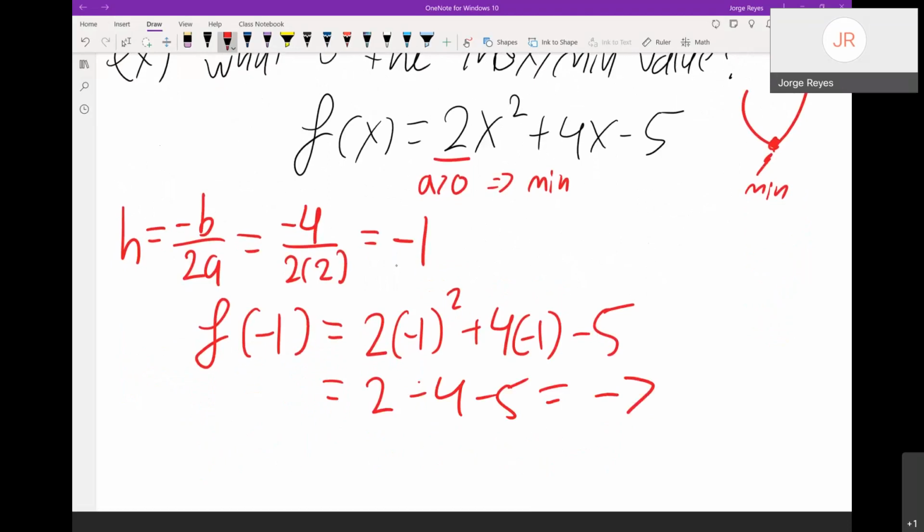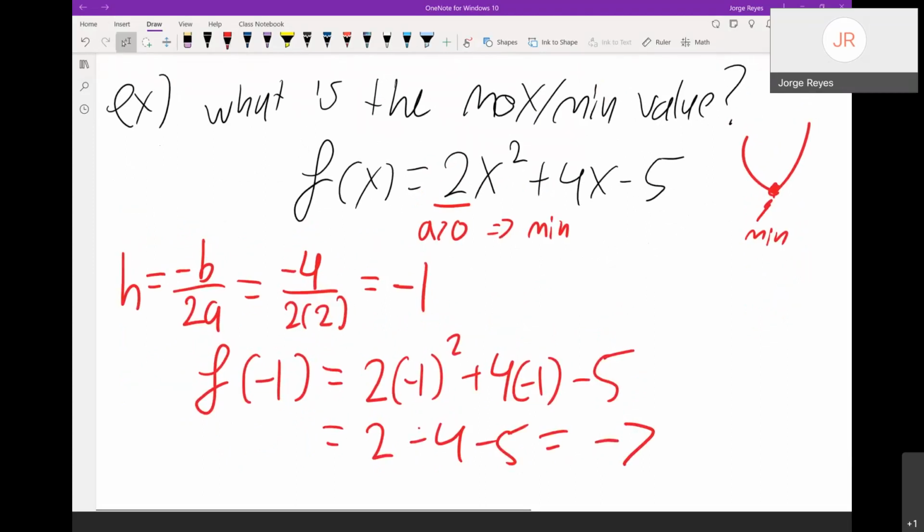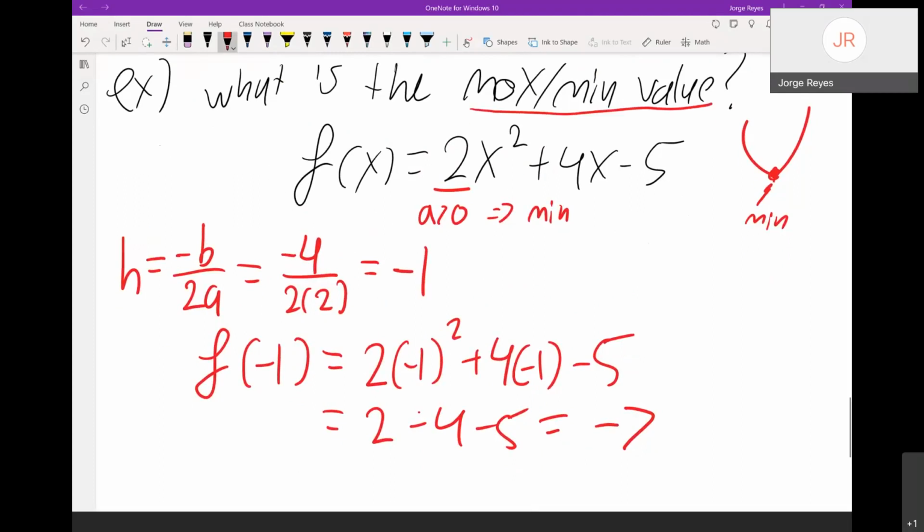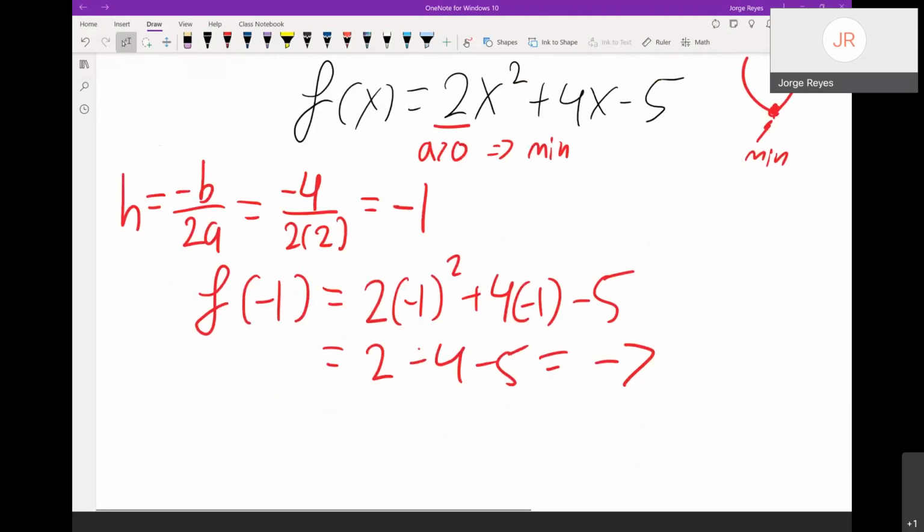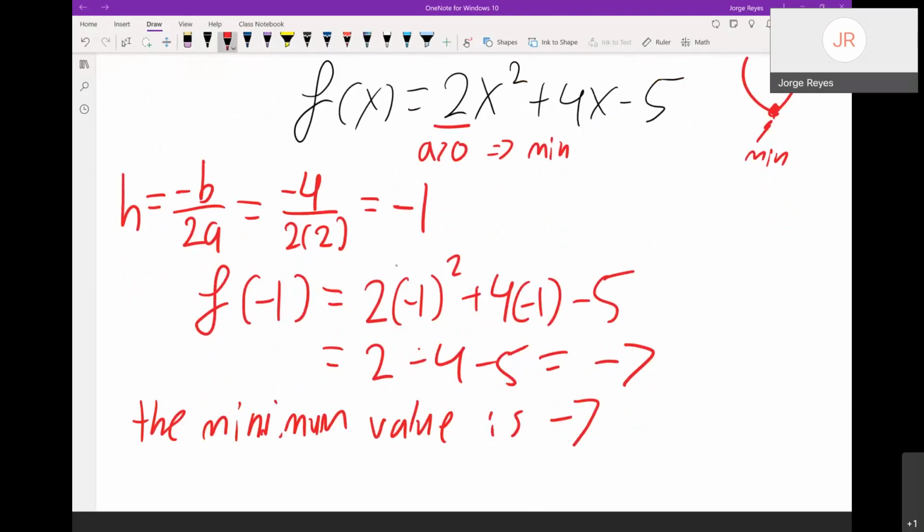That's 2 minus 4 minus 5, which equals negative 7. Here's where you have to be a little careful, because some professors are very mean. I'm asking for the max or the min value. So technically, you should say the minimum value is negative 7. If you want to be nice, you can add at x equals negative 1.